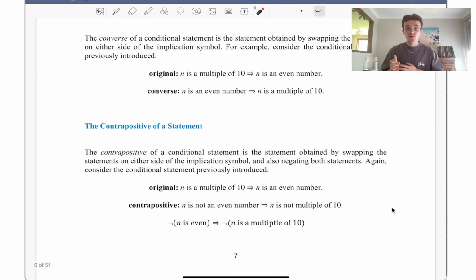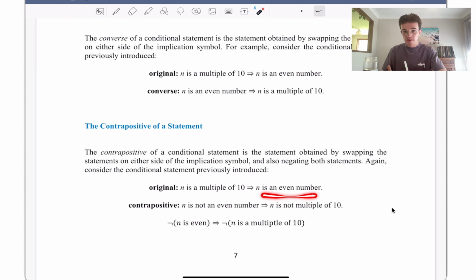The other thing we can do is take the contrapositive of a statement. The contrapositive of a conditional statement is obtained by swapping the statements on either side, but also negating both statements. So if we've got the statement n is a multiple of 10, then n is an even number, the contrapositive will be first of all swapping those two statements, but then negating both of them.